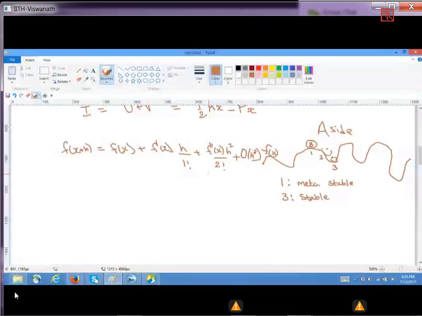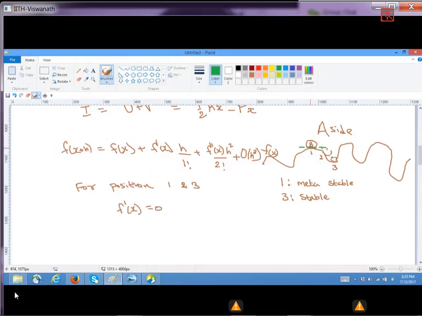For positions 1 and 3, your f dash x is equal to 0. That means if I take the slope of this curve at this point, the tangent at this place is straight. Similarly, the tangent at the other one.